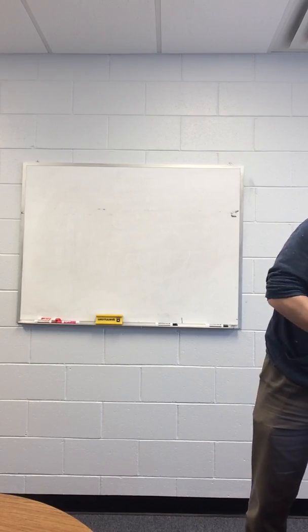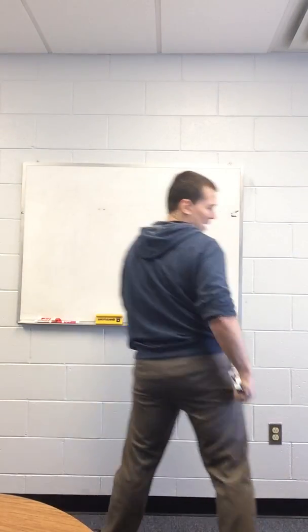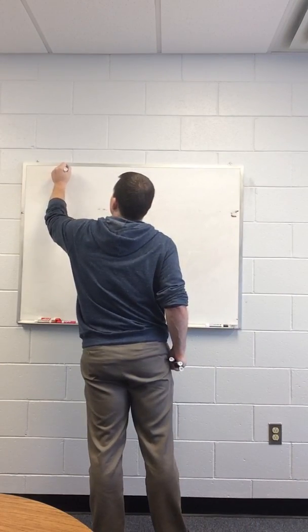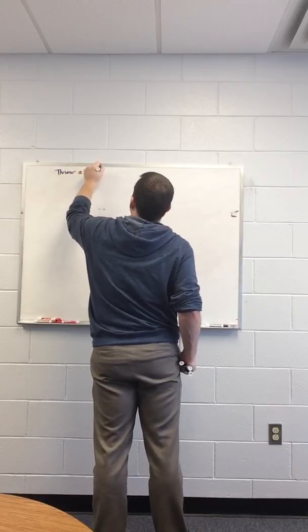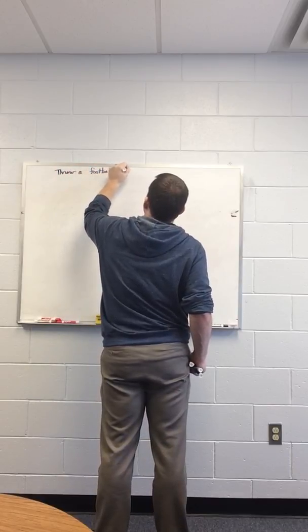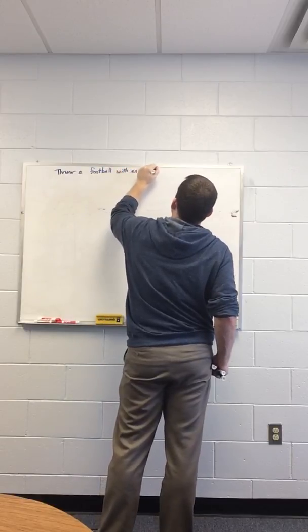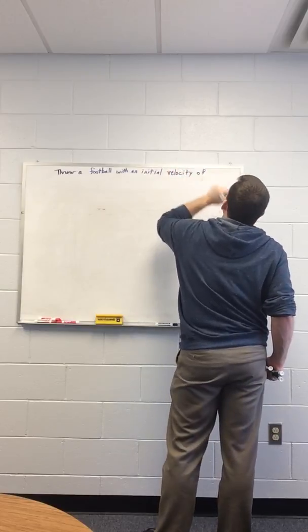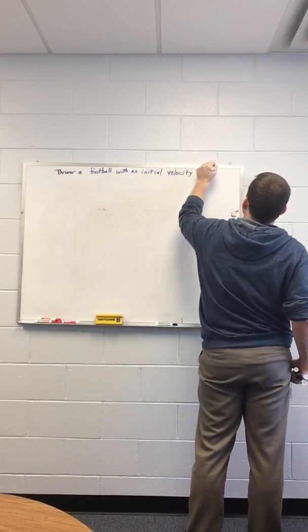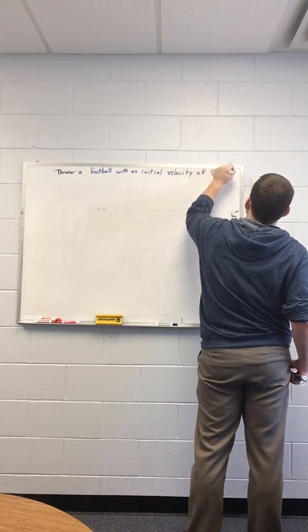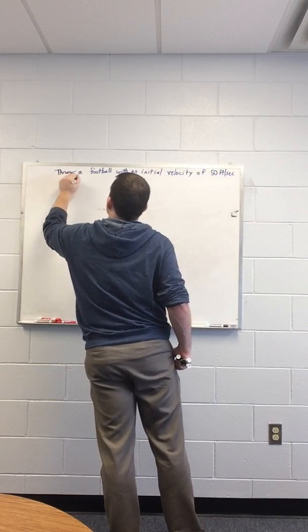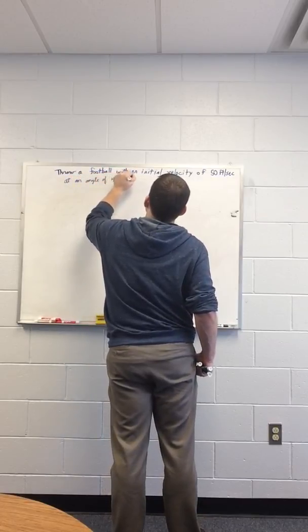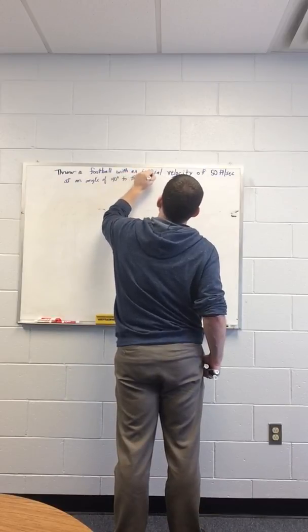Okay, so say we have this problem listed here. Suppose I throw a football with an initial velocity of, I don't know, we'll say 50 feet per second, at an angle of 40 degrees to the horizontal.